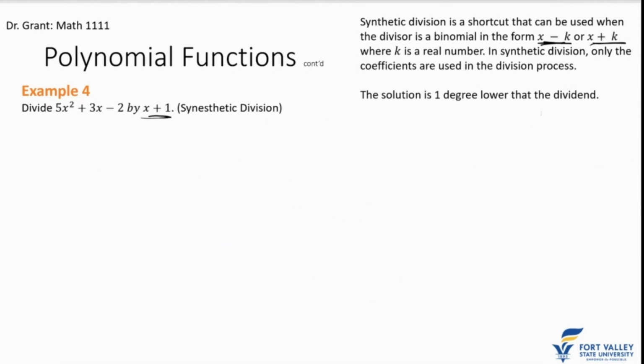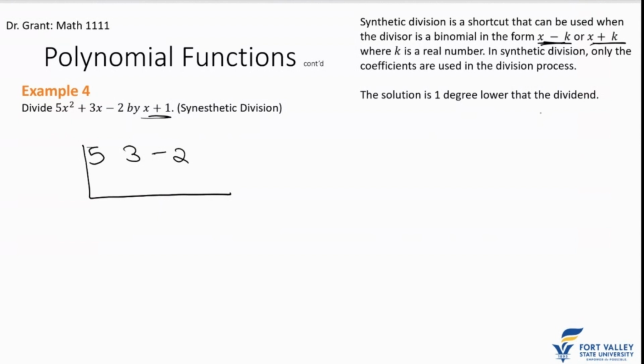So since we're starting at squared, there must be a 1, x to the first power, and then a constant. This is going to be 5, 3, -2. And if that's not the case, then we would always fill it with a 0.